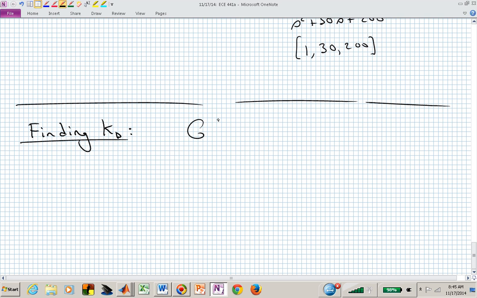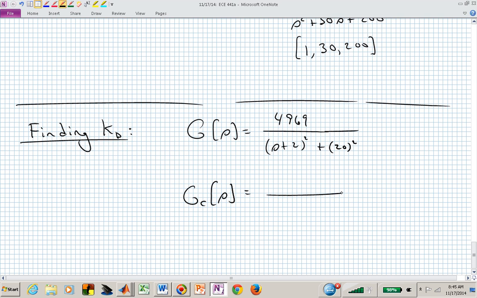We have G of s, our system, which was 4969 over (s plus 2) squared plus 20 squared, and our controller was k sub d times (s plus z1)(s plus z sub 2) all over s.